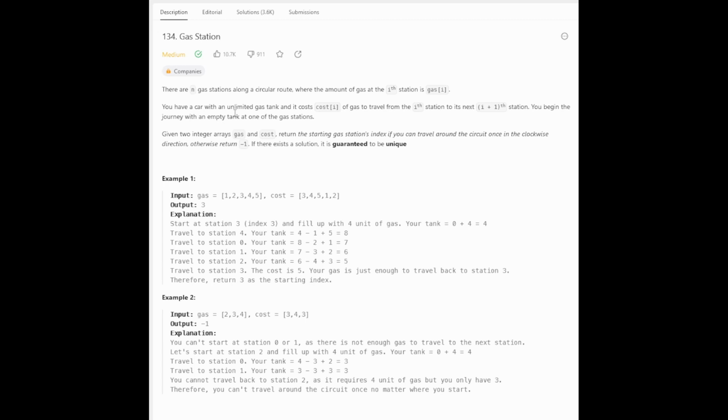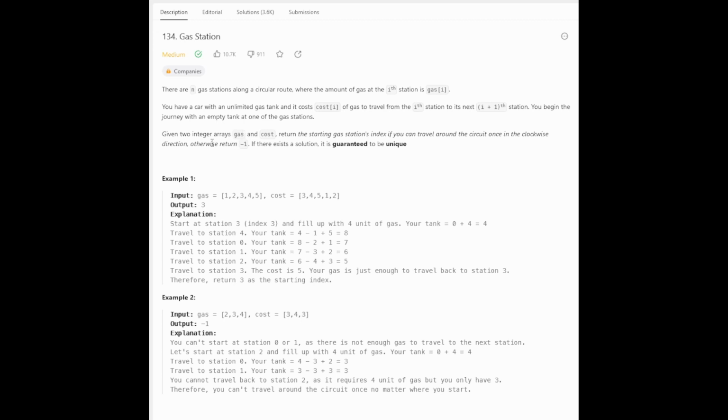So let's just try to understand what is being asked here. We get two lists called gas and cost, two arrays of integers. Gas at each position i in gas, for example position 0, or the first element of gas, tells us how much gas is at that gas station.